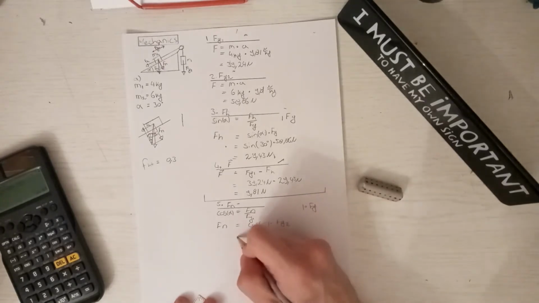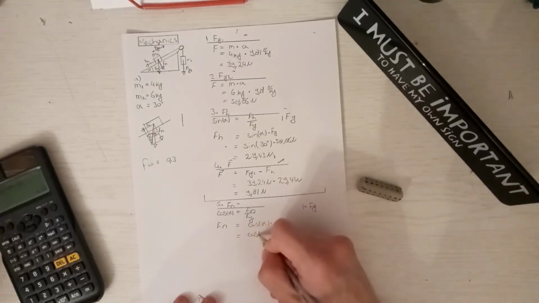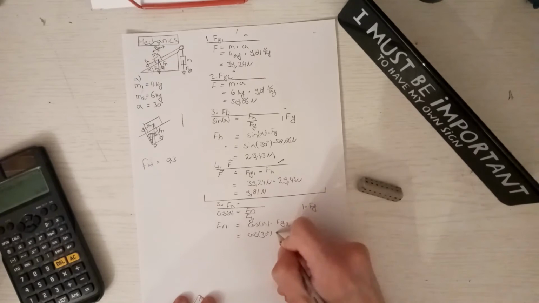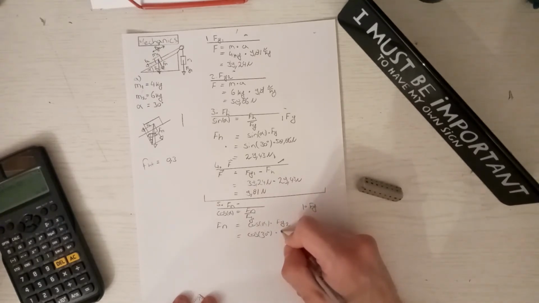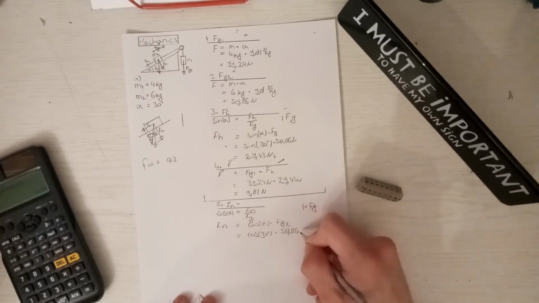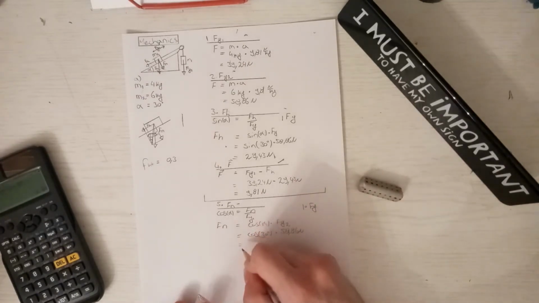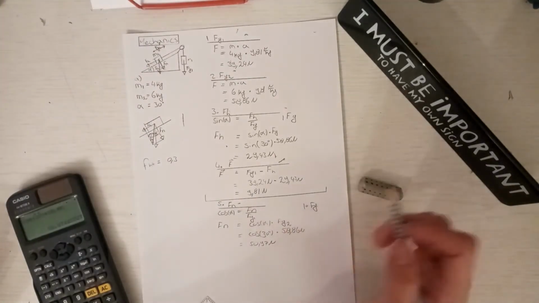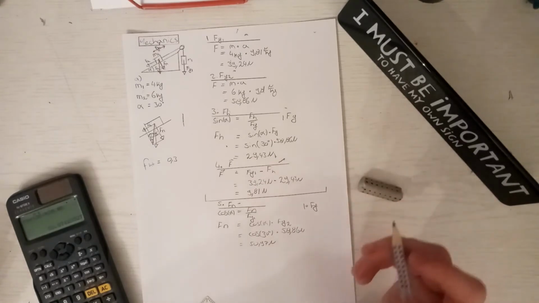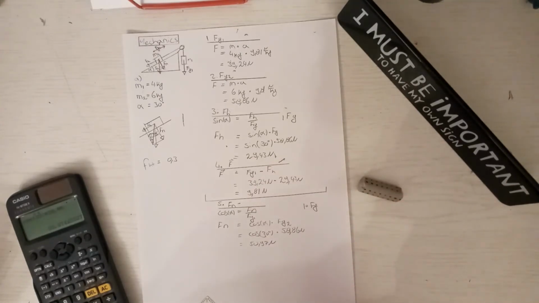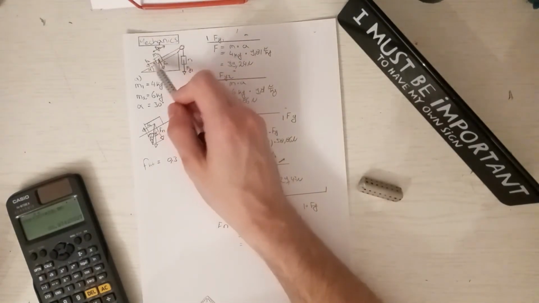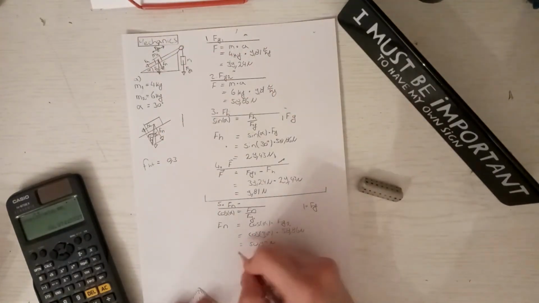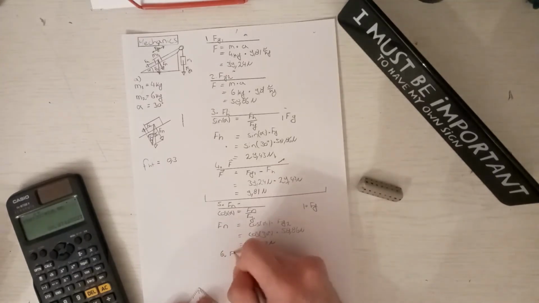Okay, I'm just gonna put in the values, and I'm gonna calculate that. And that gives us 50.997 newtons. Okay, so the next step now would be to calculate the new FH, which I'm gonna do right now.